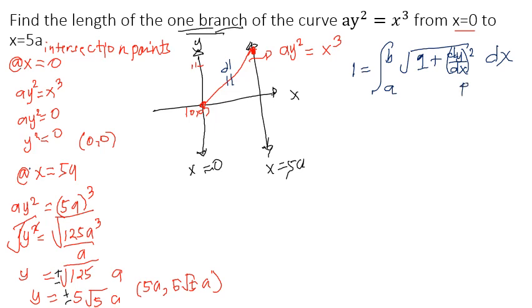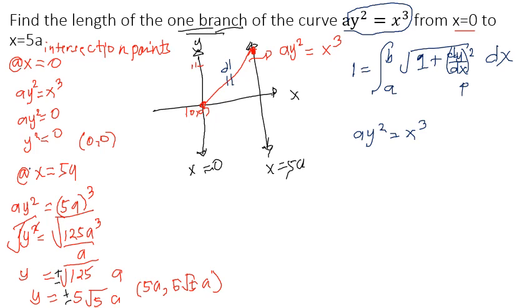So from the curve, ay squared is equal to, sorry, x cubed. So I have ay squared is equal to x cubed. So I need to isolate dy over dx. So I need to do implicit differentiation.